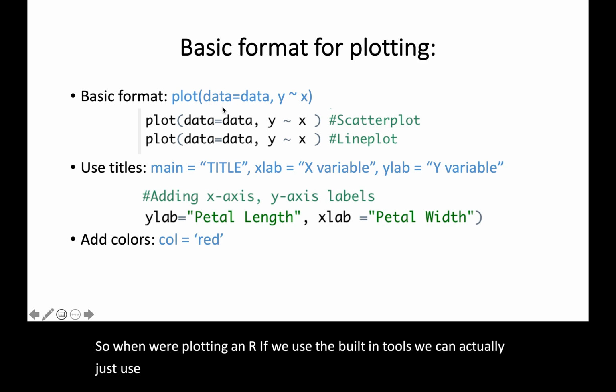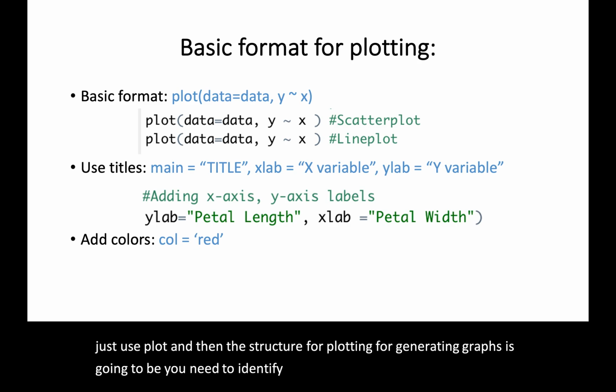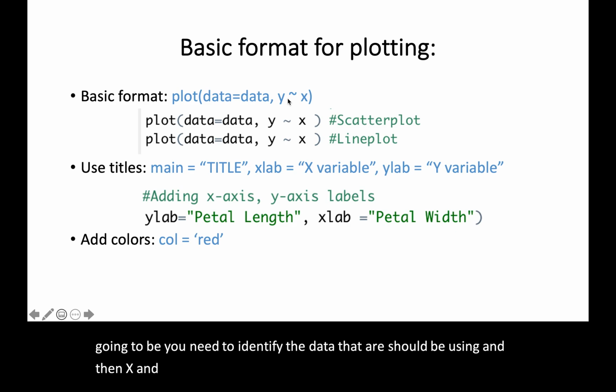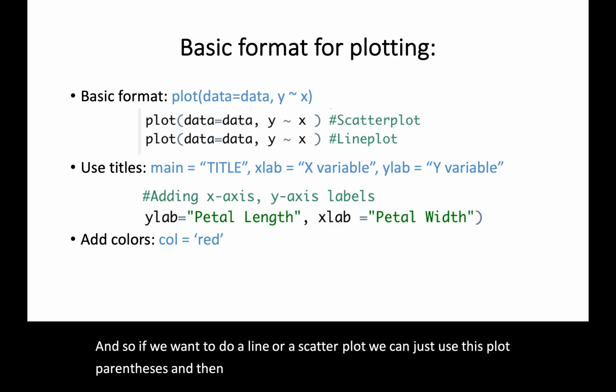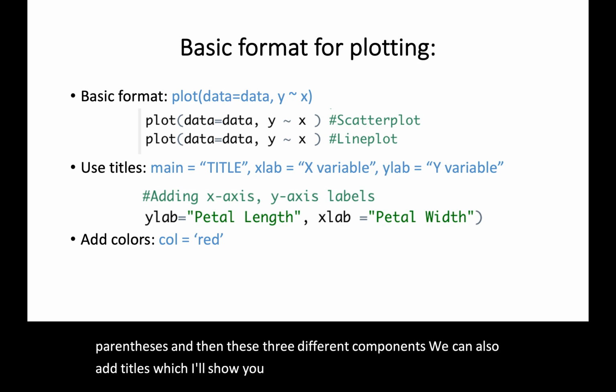The structure for generating graphs is that you need to identify the data that R should be using, and then the X and Y variables that you want to plot. If we want to do a line or a scatter plot, we can just use plot parentheses and these 3 different components. We can also add titles, which I'll show you in RStudio, and we can even add color as well.